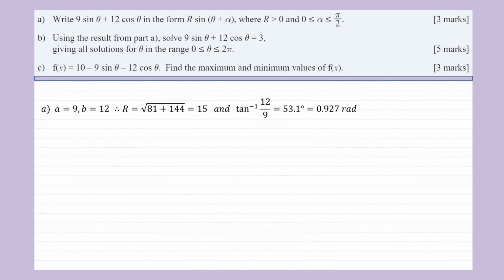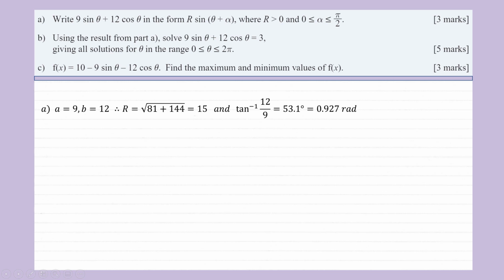Let's start. Well, we know that this is of the form A sine theta plus B cos theta, so we know that it's going to be an R sine (theta plus alpha) when we combine these together. Because A is 9 and B is 12, R is going to be the square root of 9 squared, 81, plus 12 squared, 144, and then when you take the square root, you end up with 15.